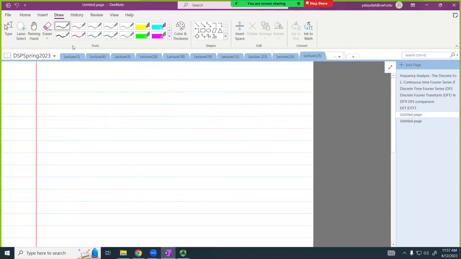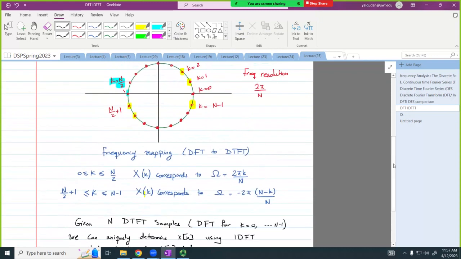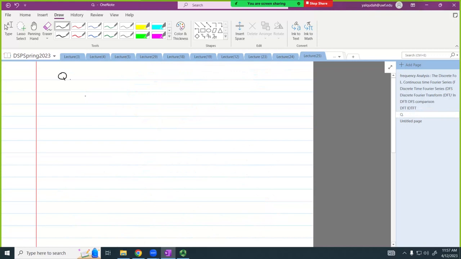Okay. So let's look here at the impact of the value of n. We've been talking about n throughout the discrete Fourier transform. So what is the impact of this n that we choose when we calculate the discrete Fourier transform on the appearance of the discrete Fourier transform? We're going to look at this assuming that L, which is the length of the sequence, is less than or equal to n.